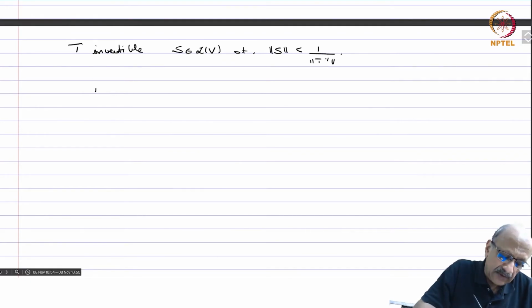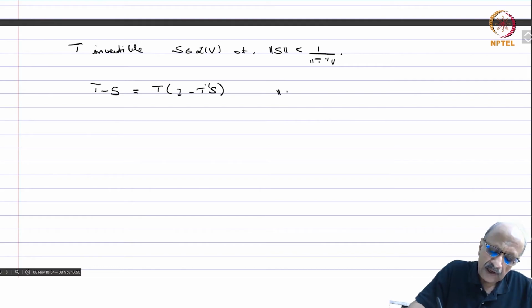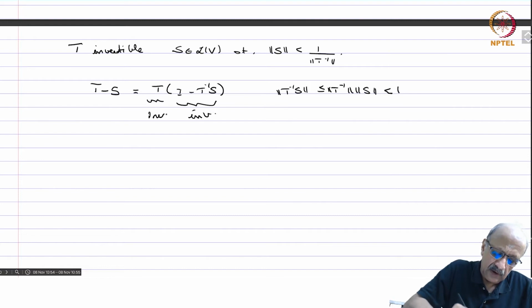Then look at T minus S. This can be written as T times (I minus T inverse S), and norm of T inverse S is less than or equal to norm T inverse times norm S. Norm S is less than 1 over norm T inverse, so this is strictly less than 1. So this is invertible and T is also invertible, which implies T minus S is invertible.